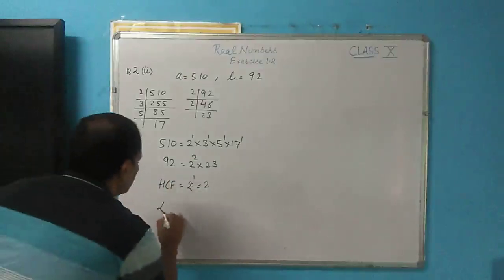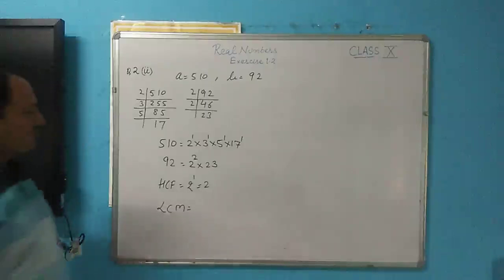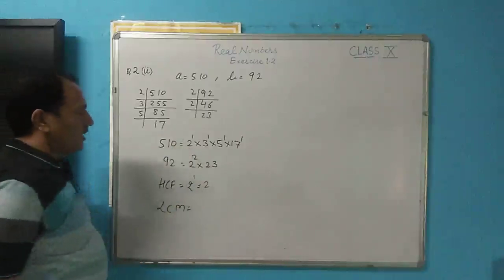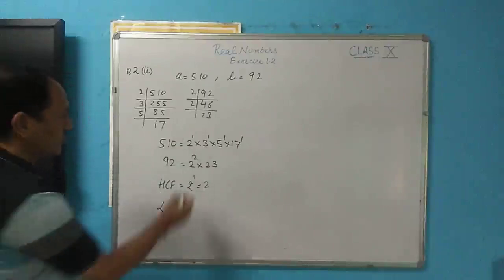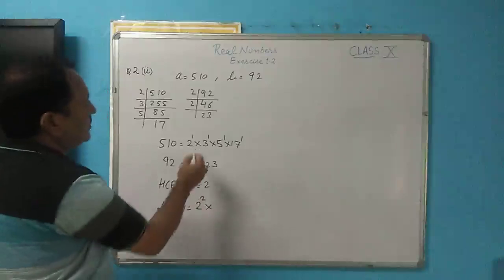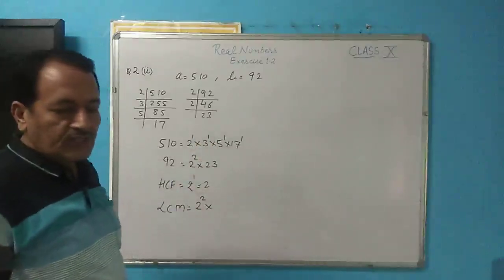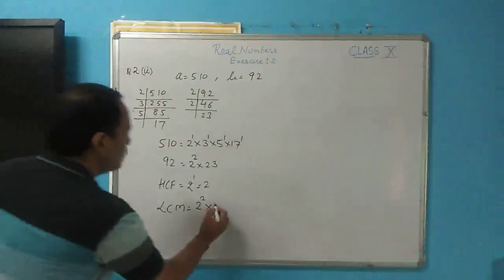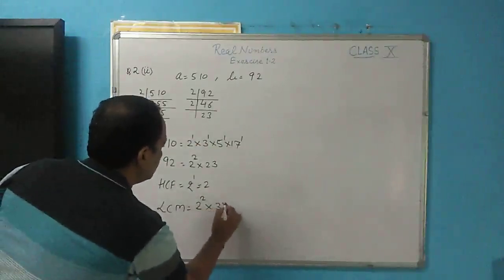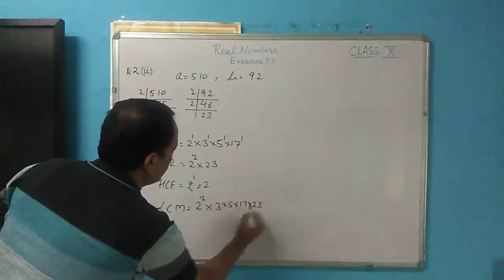Now we will find the LCM. While finding the LCM, we take the highest power of the common factors. So the highest power is 2 power 2, and the remaining factors are not common. So we multiply all the remaining factors with 2 power 2: 2 power 2 into 3 into 5 into 17 into 23.